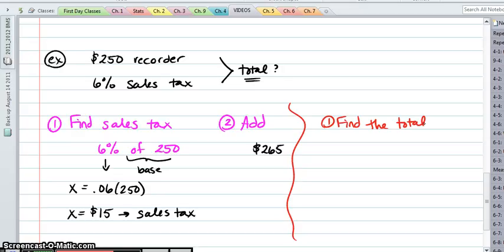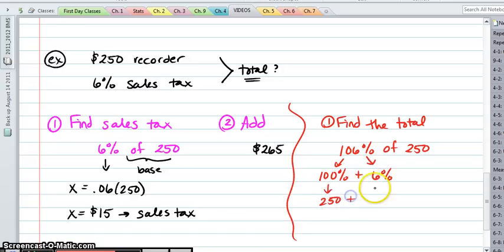So instead of just working with 6%, if you know you have to pay $250 and then 6% of $250 on top of that, I can find 106% of $250. And again, it's because you're going to be paying 100% of the $250 plus 6% of the $250. So in one fell swoop, we can get the job done.